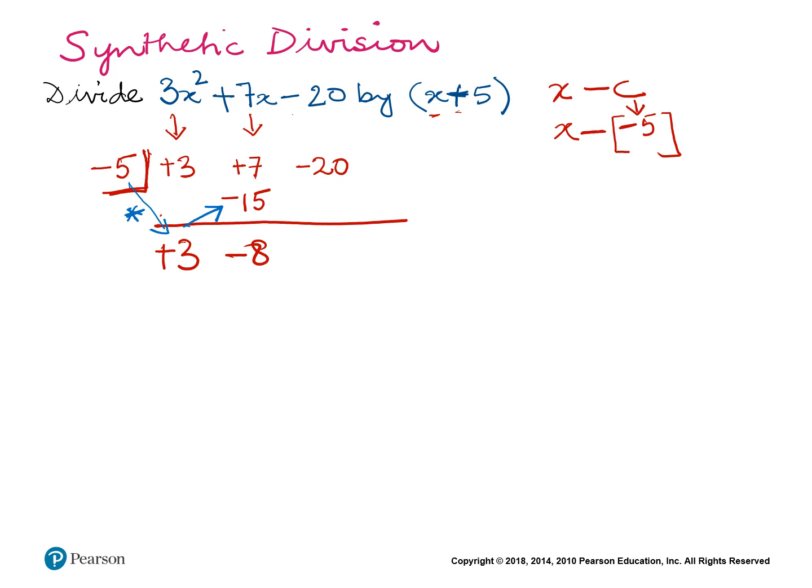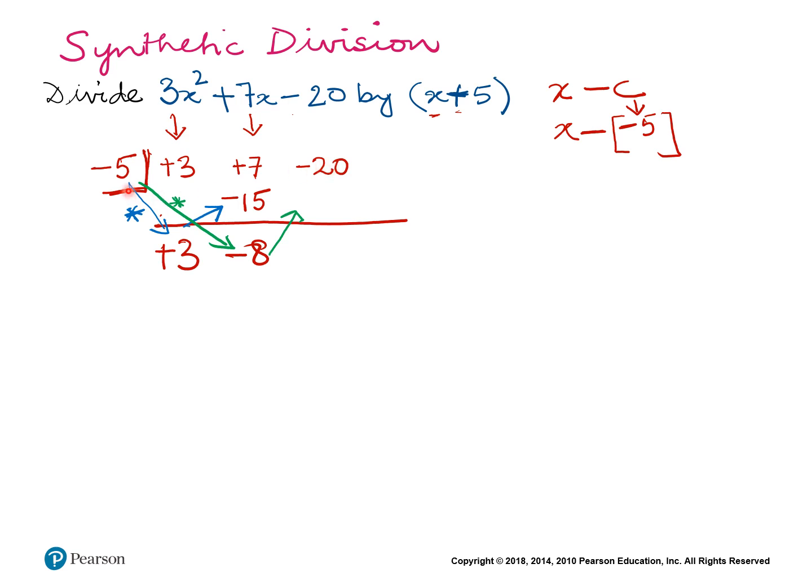Negative 8 has to come below the line, and then you again multiply, and I'm going to use a different color now. You multiply minus 5 this time with minus 8. Again you are multiplying and writing the answer above the line below the third term, the coefficient of the third term.